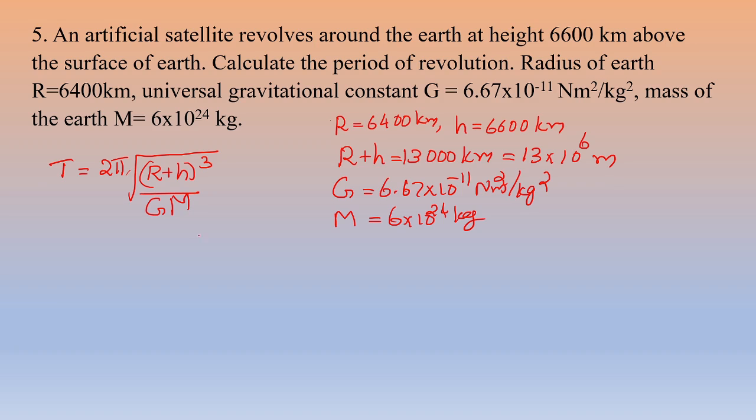So we can substitute all these values, that is 2 pi, 2 into 3.14, into square root of R plus H, that is 13 into 10 raised to 6, whole cube, divided by the value of capital G, 6.67 into 10 raised to negative 11, into the mass of the Earth, that is 6 into 10 raised to 24.